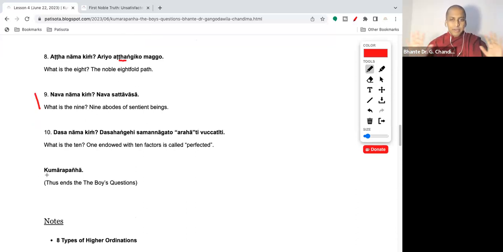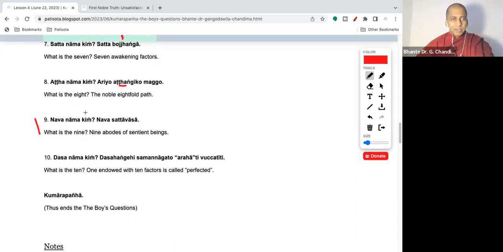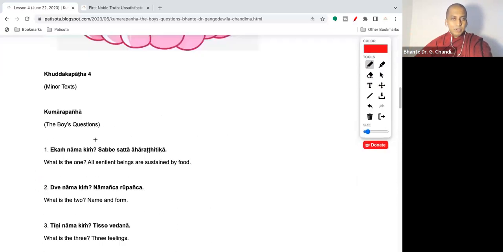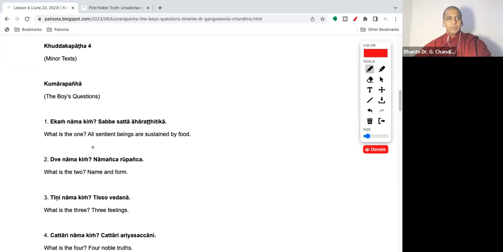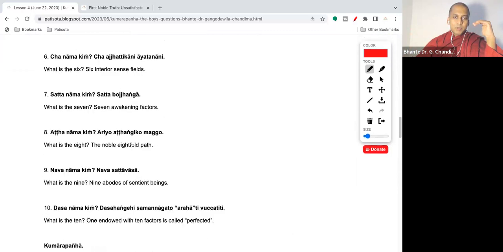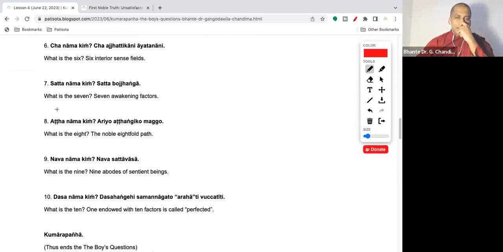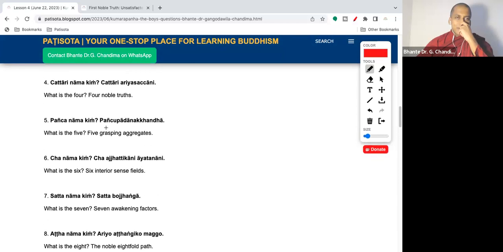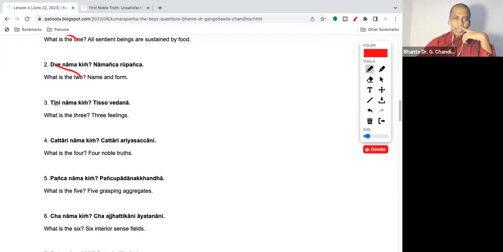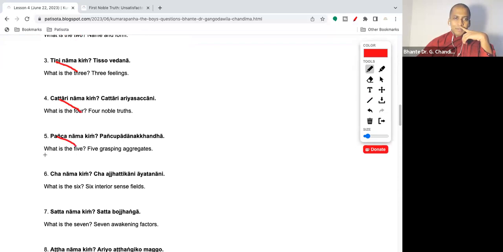Okay. I think now everybody, most of you read. Now we have to go to the contextual meanings. What have you observed in these questions, Dhamma folks? Tell me, anybody can tell me, what have you primarily noticed in these questions? I think you should notice numbers. What is ekang? 1. Dve, 2. Tini, 3. Chattari, 4. Pancha, 5.